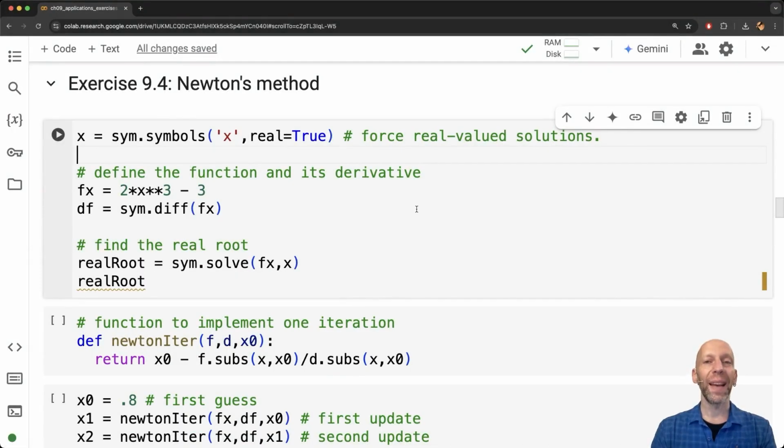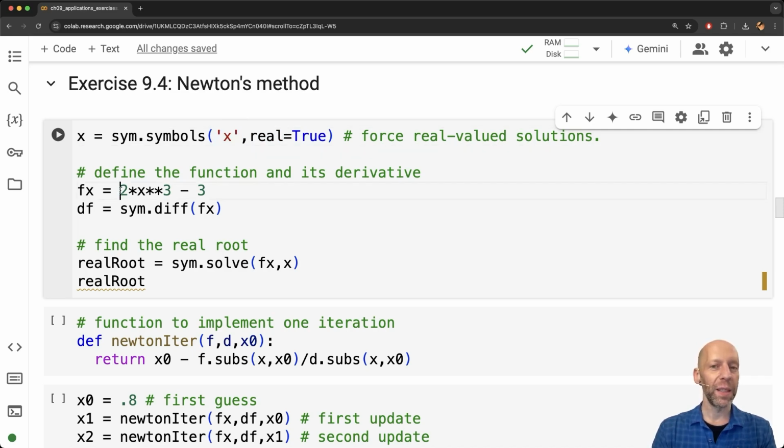Because we can already anticipate that we are going to get some complex valued numbers floating around in here, I'm going to preemptively restrict the field to be real valued. Okay, so I'm including this code real equals true when I create this symbolic variable x.